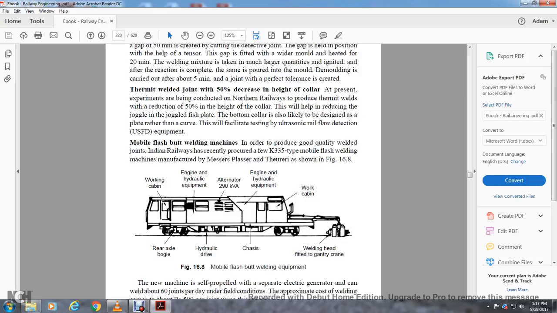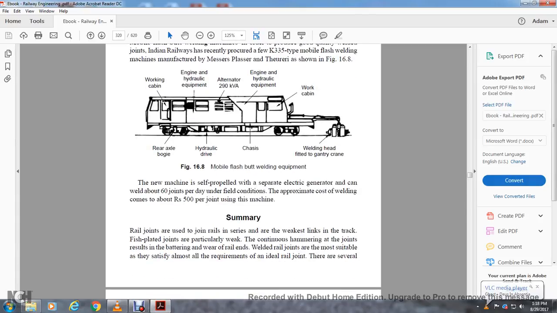Figure 16A shows the mobile flash butt welding equipment: working cabinet, rear axle, buggy, engine, hydraulic equipment, hydraulic drive, alternator of 209 kilovolt amps, chassis, welding head fitted with a gantry crane. The new machine, propelled with a separate electrical generator, can weld 60 joints per day under field conditions. The approximate cost of welding is about $500 per joint using the machine.